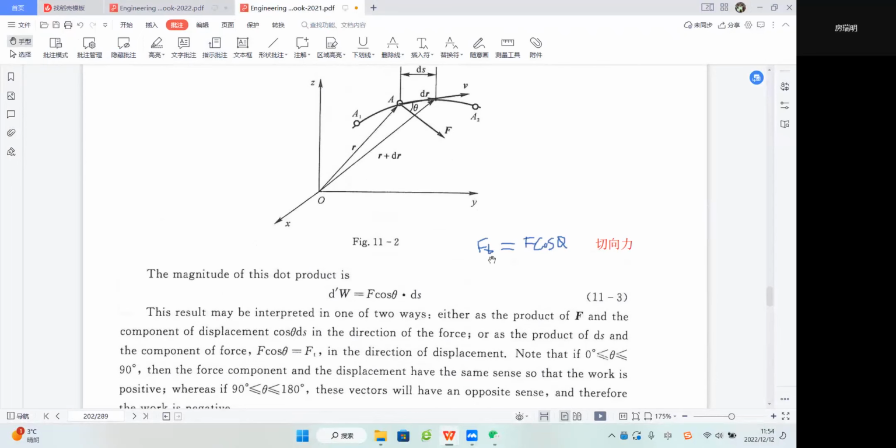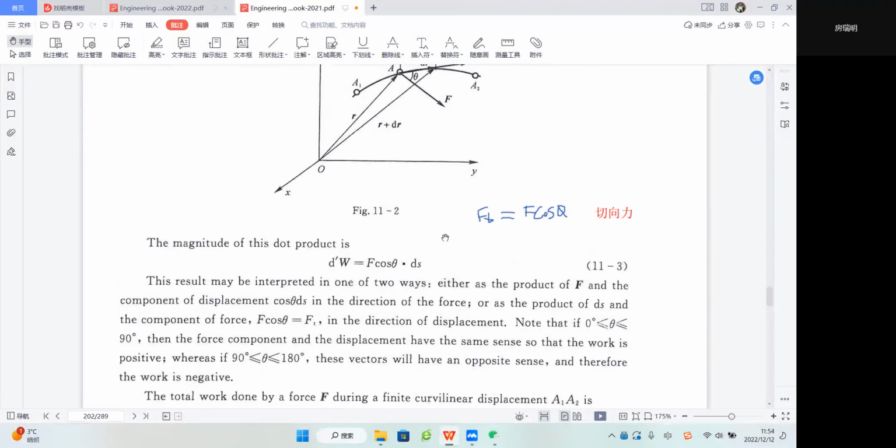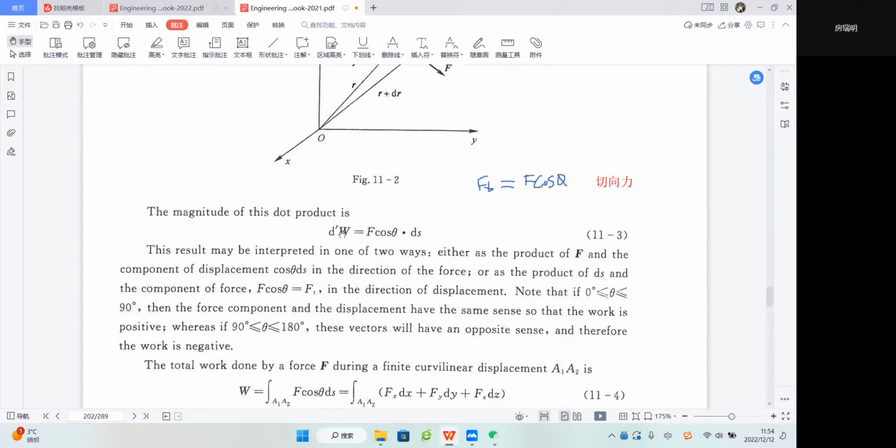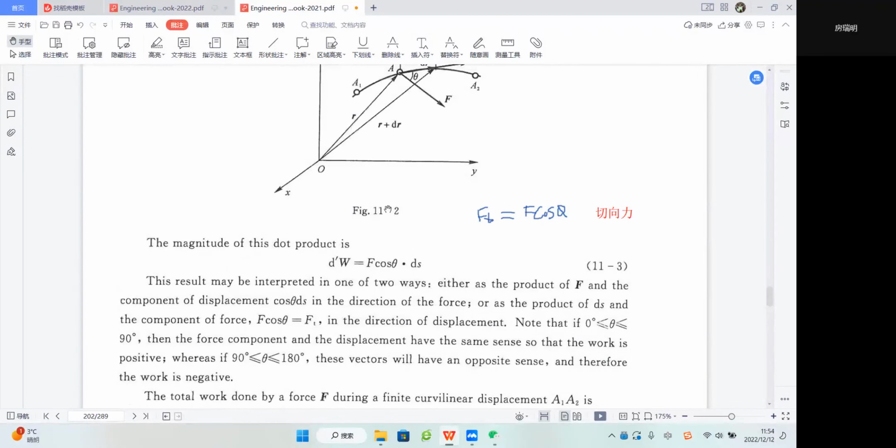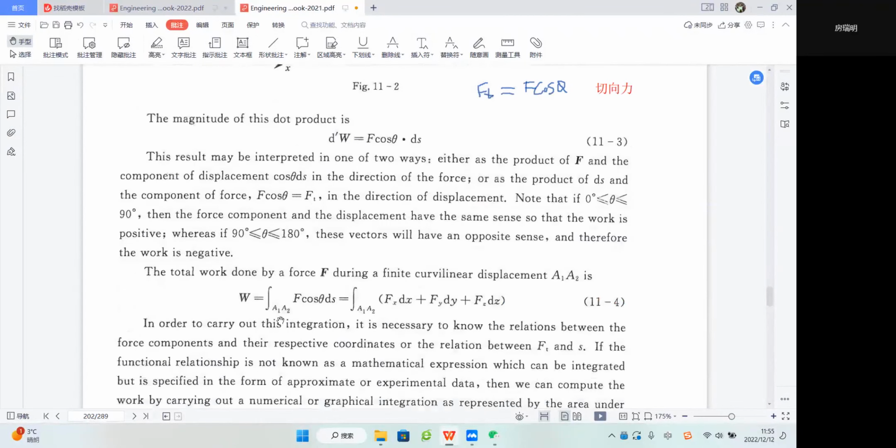We also call that 驱动力. This component force Ft is the reason why there is some work. Then the total work done is this integral calculation, the integral from A1 to A2 of F ds.